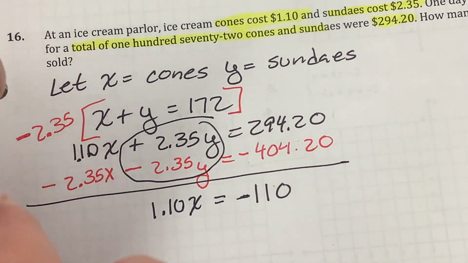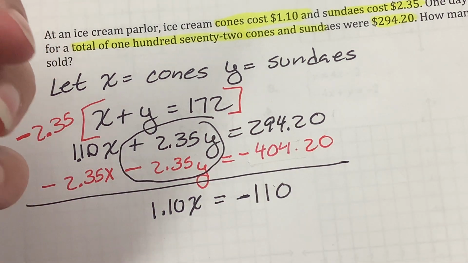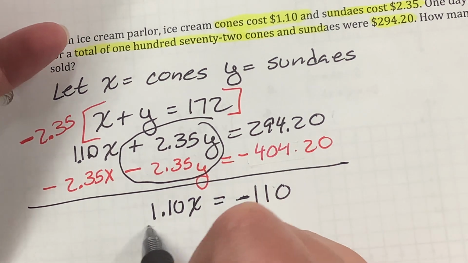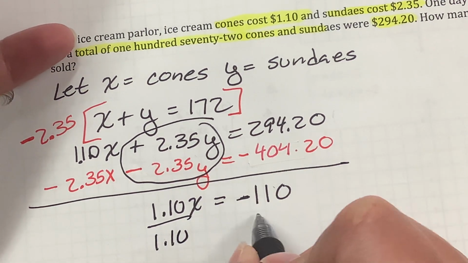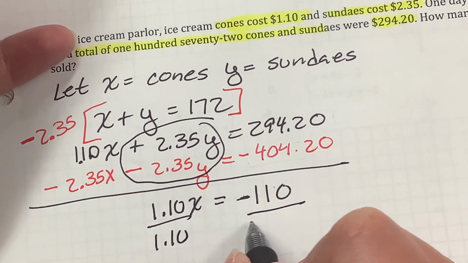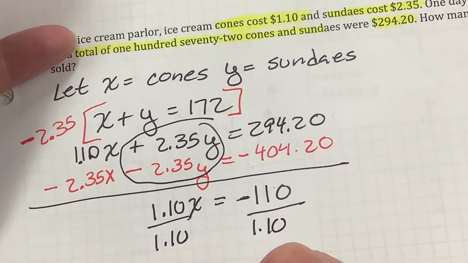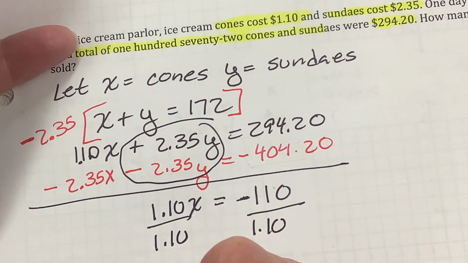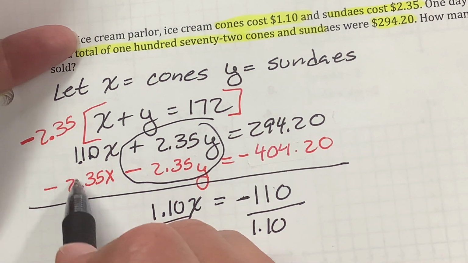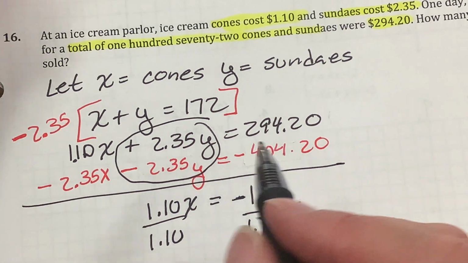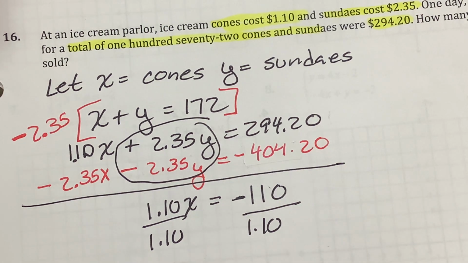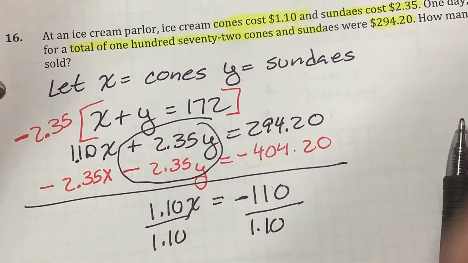If I divide by $1.10 on both sides, I get x equals, oh wait, I forgot, this is because I subtracted there. I didn't subtract very well though.